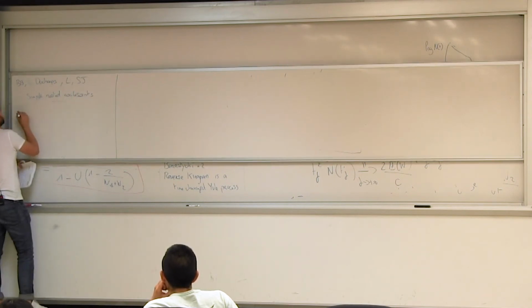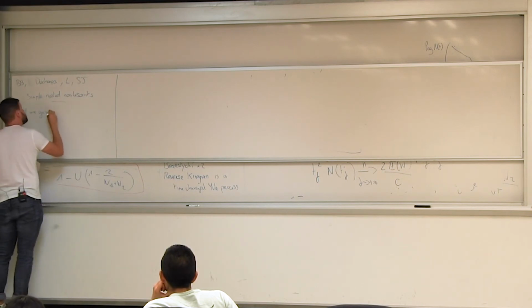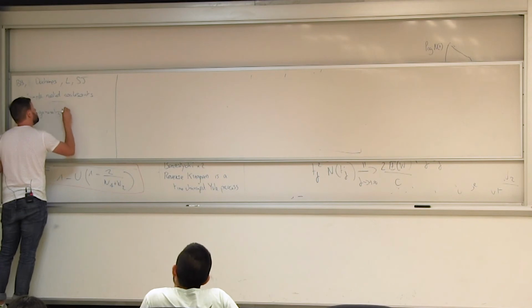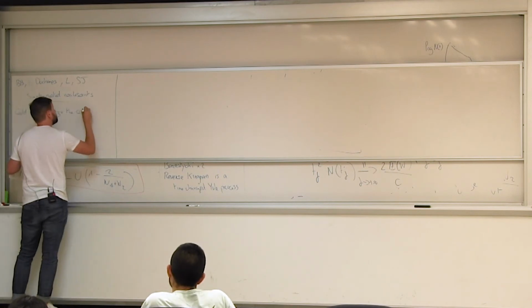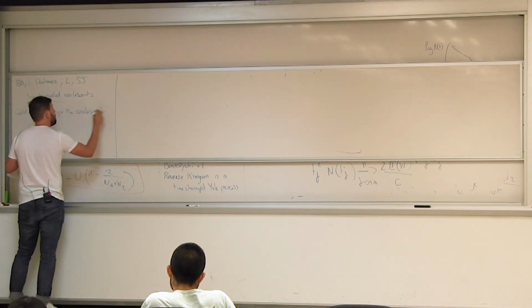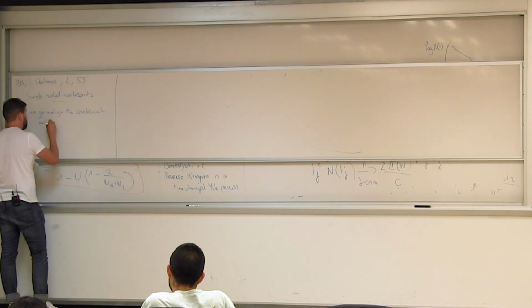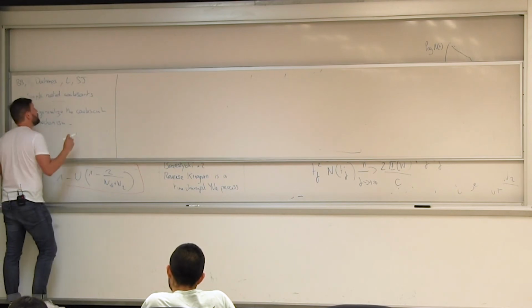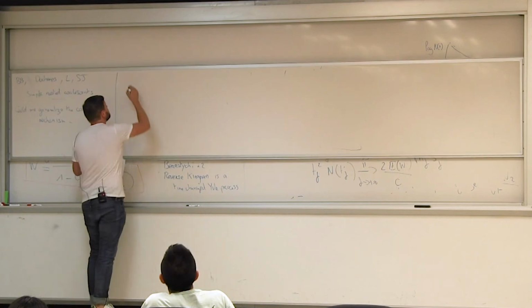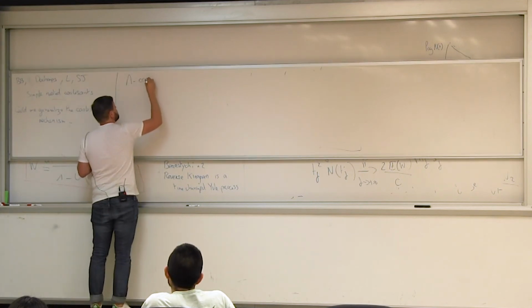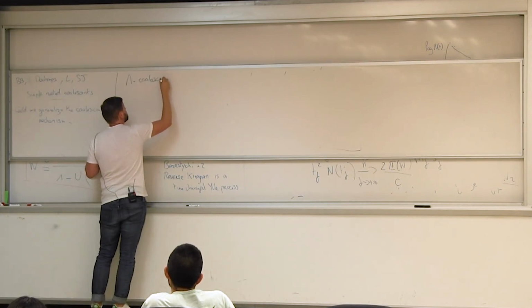So the question is, could we generalize the coalescent mechanism? And the way we did it was in the lambda coalescent way. So let me just talk about lambda coalescent in 2 minutes.